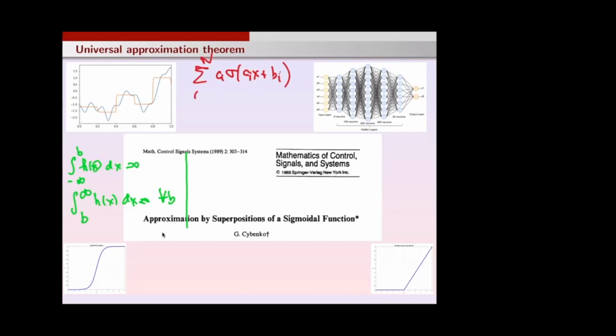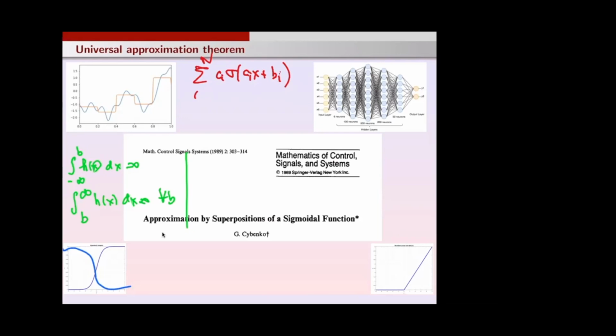And whenever you reverse the sign of a, the shape of sigma is also switching the trend, now transiting from 1 at minus infinity to 0. So this means that I will have all these integrals of h equal to 0. And then the proof is almost done.